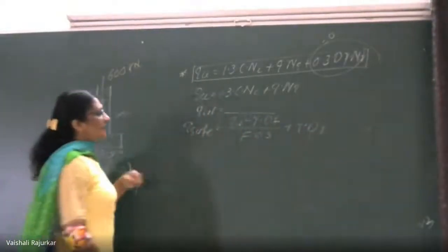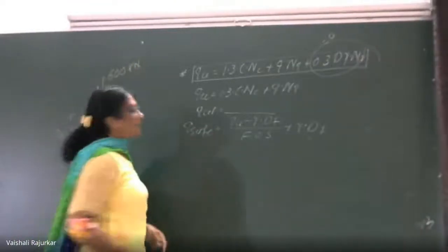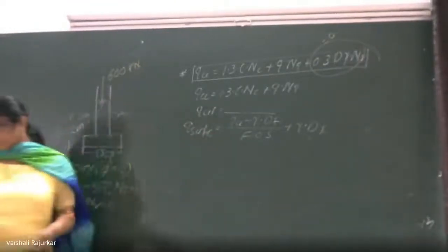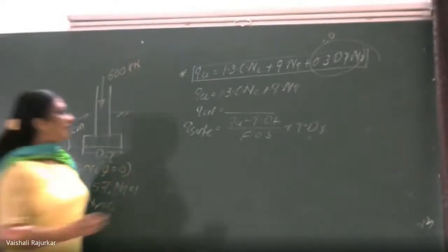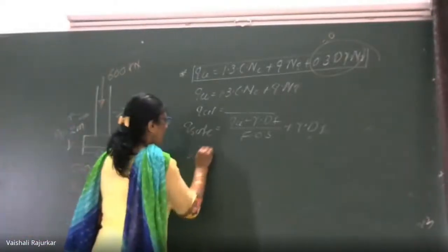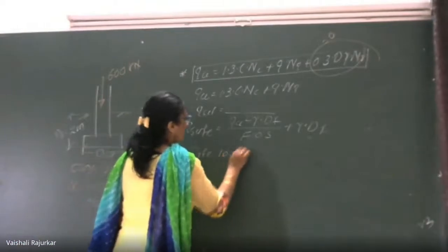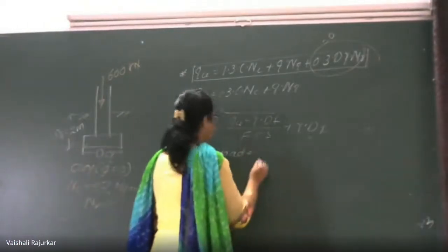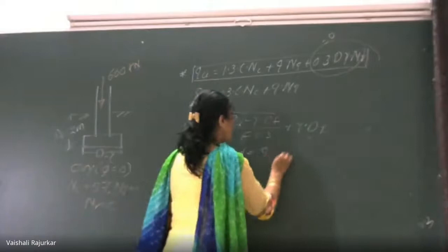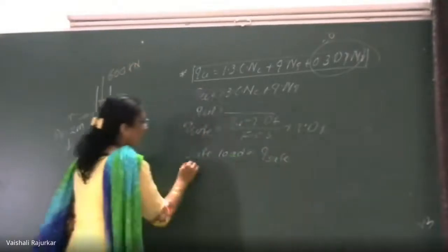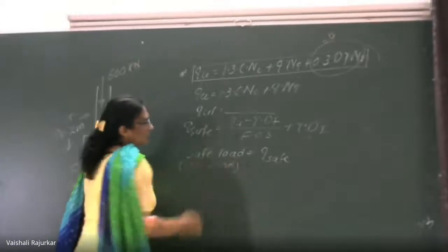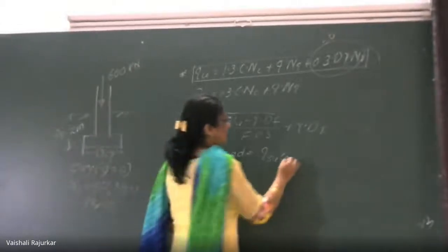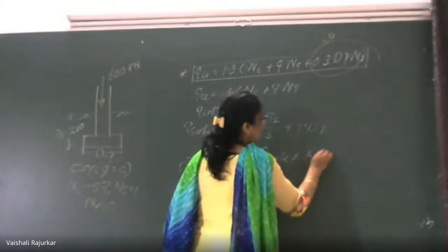Once you get this Q safe, then in that case, safe load is equal to Q safe multiplied by A. This is safe load or allowable load.